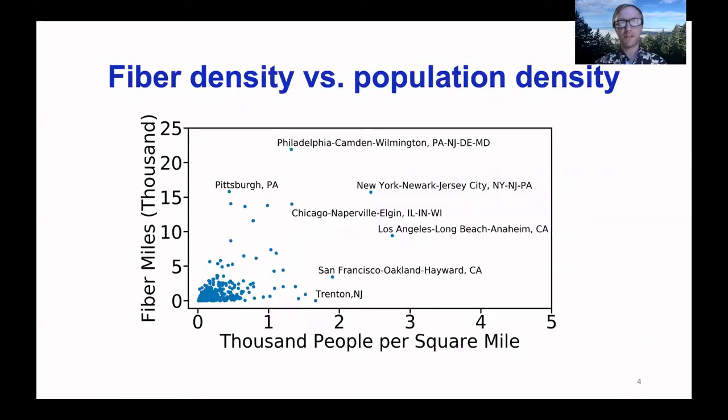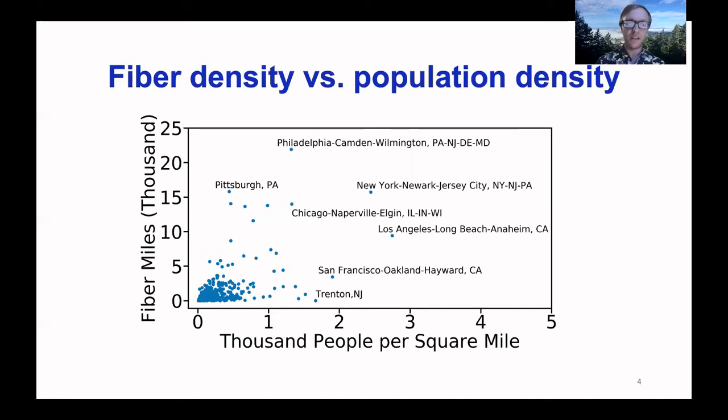This plot shows the fiber density versus population density in the United States. On the y-axis, we have the number of raw fiber miles present in the metro area, and on the x-axis, we have the 1,000 people per square mile. In this, we see some interesting outliers, such as New York, Los Angeles, Chicago, all of the large city centers are represented here.